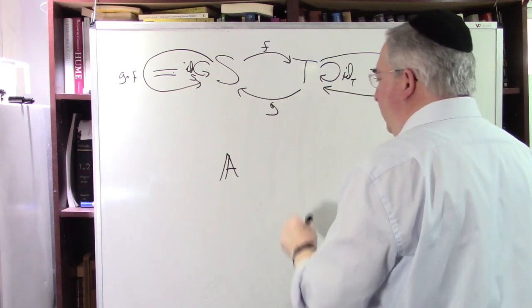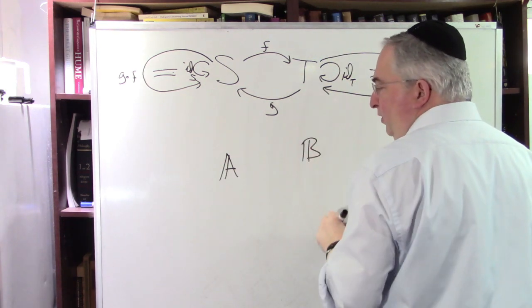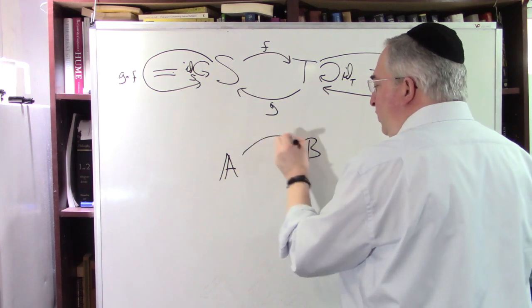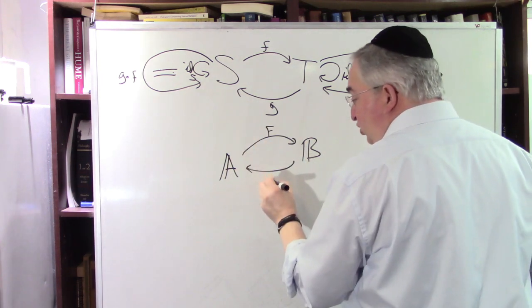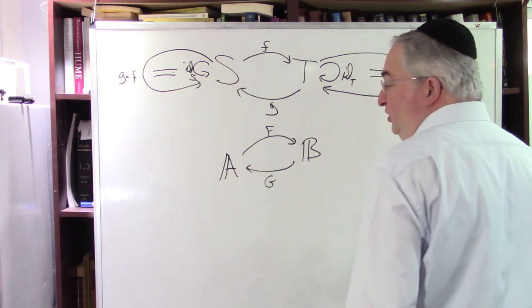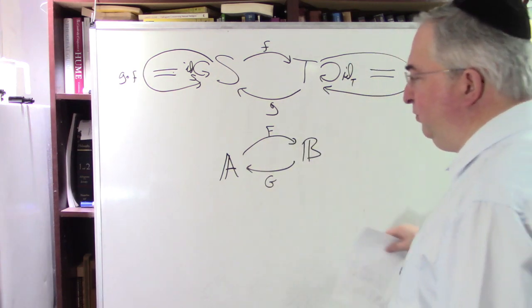You have a category A, you have a category B. What does isomorphism mean? Well, now that we know what composition of functors is, we can do the same thing we did here.